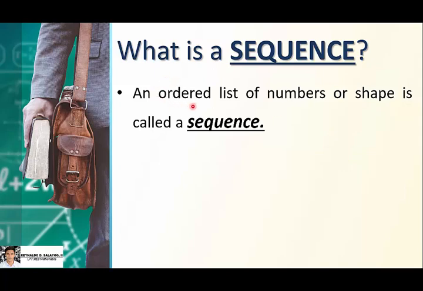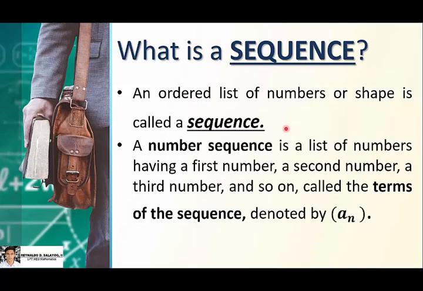Take note, they are ordered, or they follow a pattern. Another definition is that a number sequence is a list of numbers having a first number, a second number, a third number, and so on. And these numbers are called terms, denoted by the symbol A sub n.